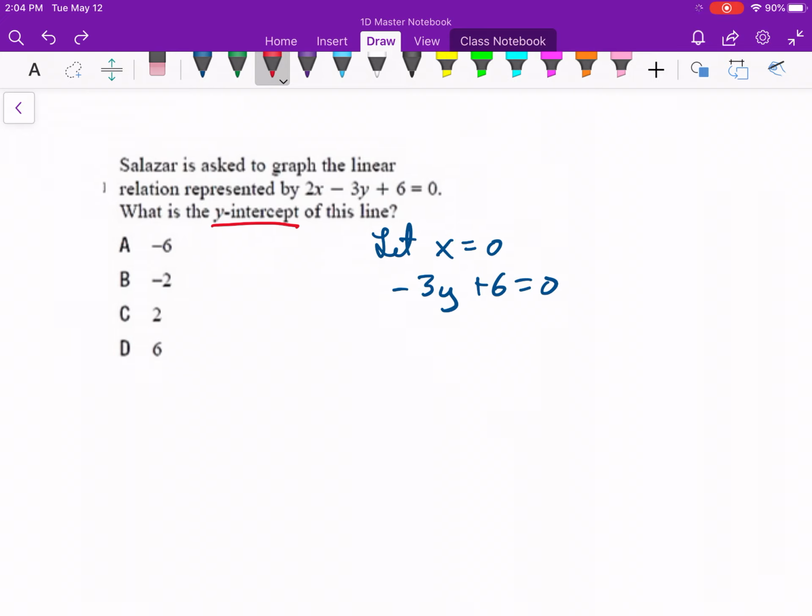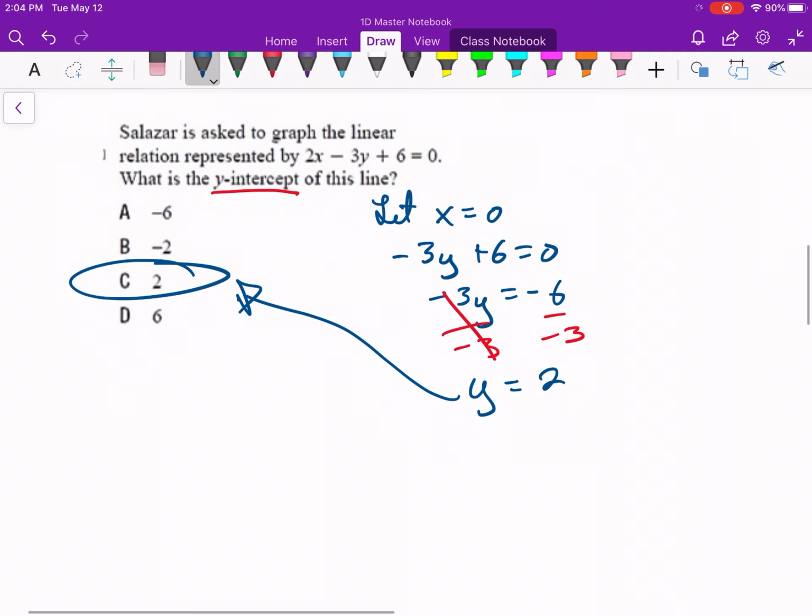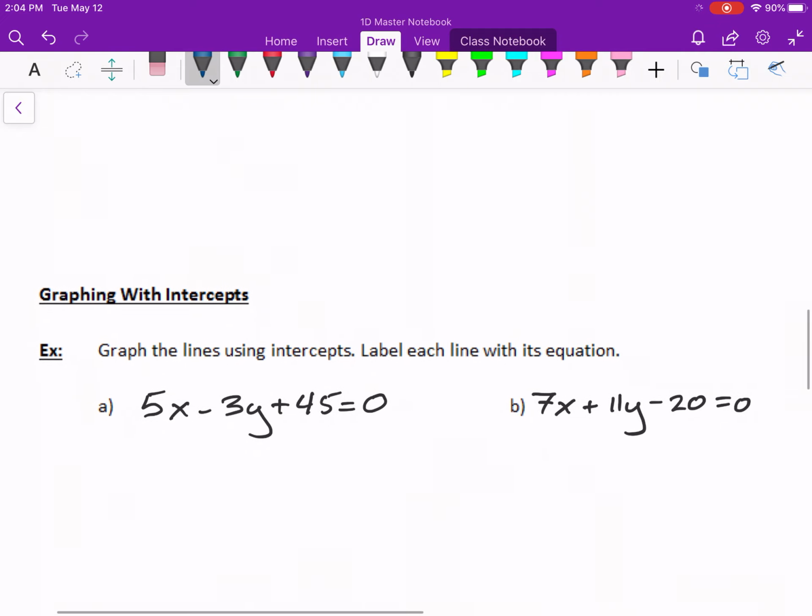Being a bit hasty. So what I have is -3y equals -6. And then I prefer to do my division. And so I've got y equals +2. And so my answer is C. I showed my work, I got my answer, and I feel comfortable with that one.